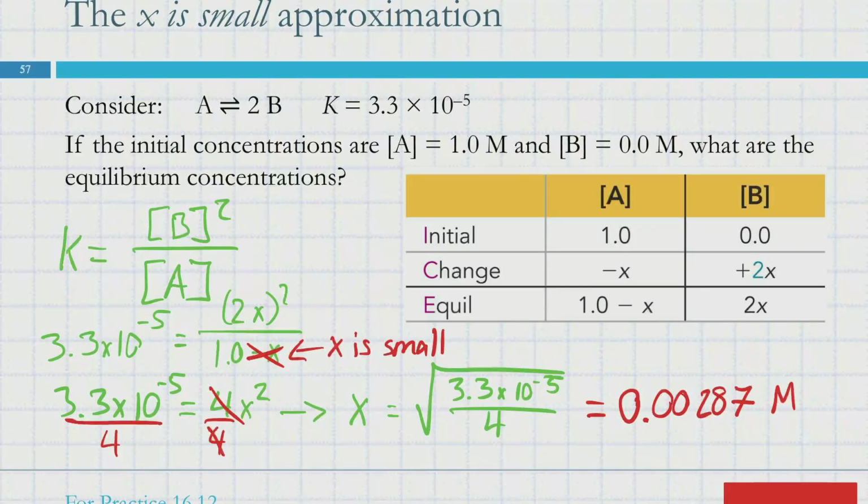If we compare this molarity value to 1, we're looking at 0.29%, which is less than 5%, so we can keep that.